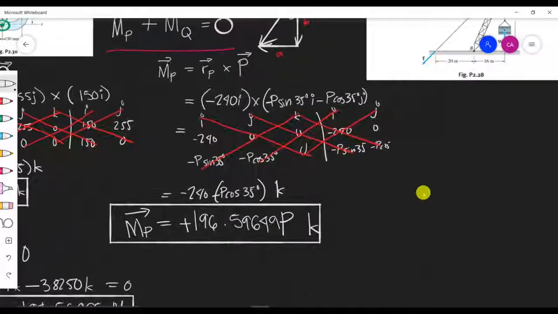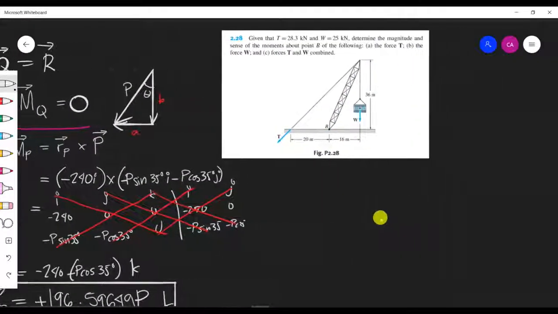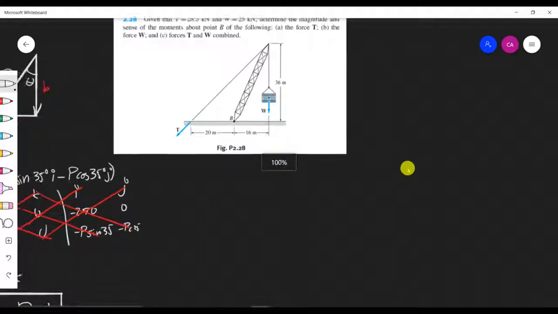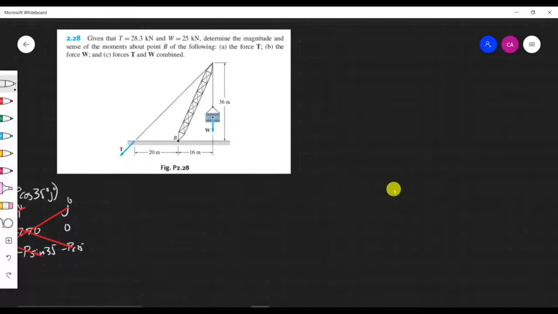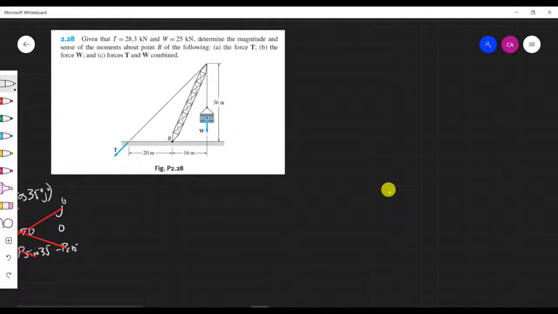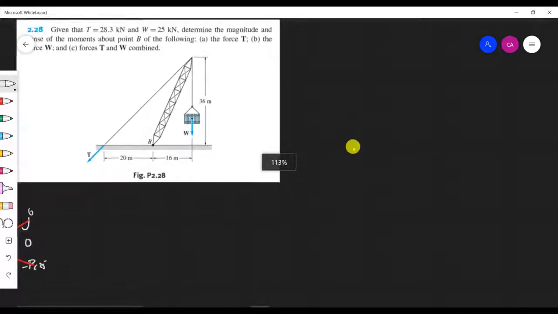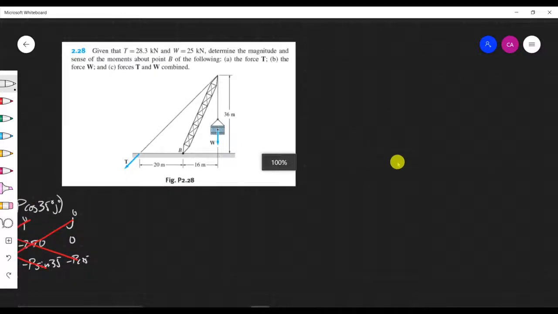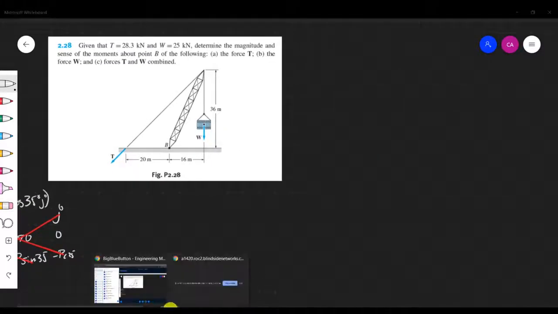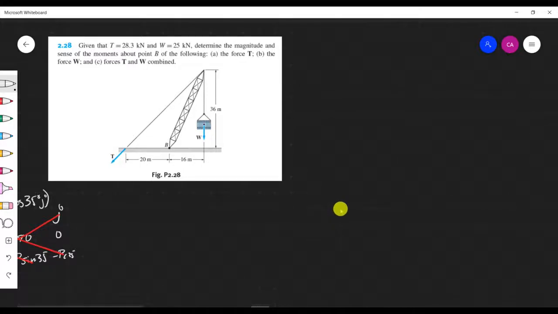Last part na. Now, for the last part na tayo. Okay? So, given that T, nababasa ba? So, ayan. Comment lang pag hindi nababasa ha. Given that T is equals to 28.3. Kita nyo meron tayong crane. Okay?